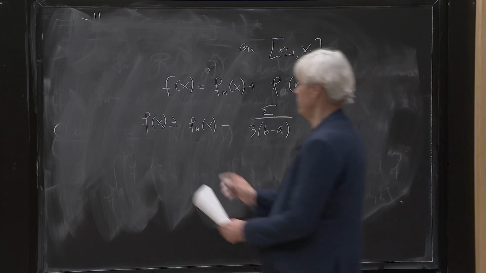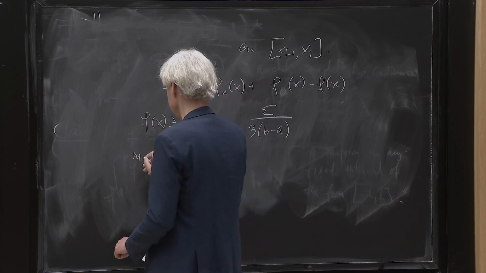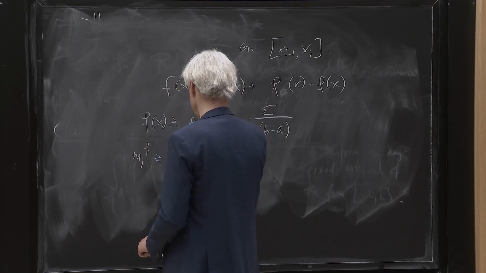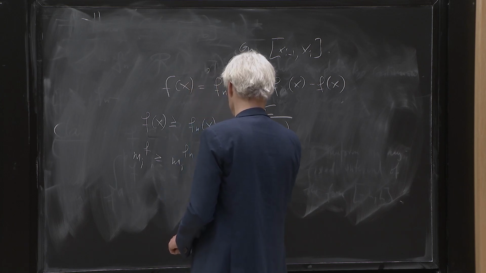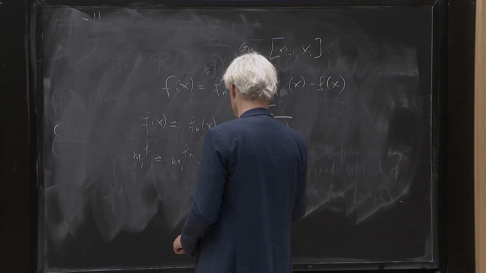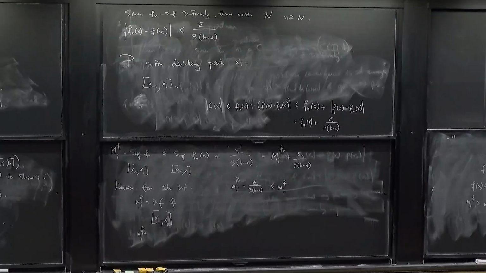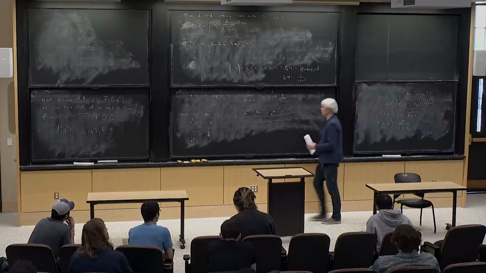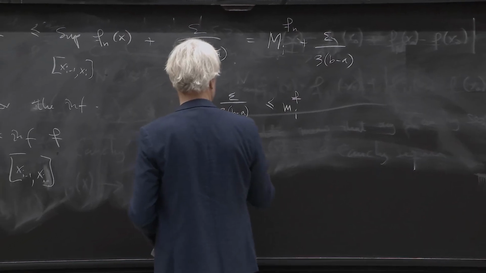And so if you take now the infimum on the little interval, then you're getting m_i(f) bigger or equal to m_i(f_n) minus epsilon over 3(b minus a). Right, so you have that, and that's what we claim over there. Okay, so we have this thing here, and we have the corresponding thing.